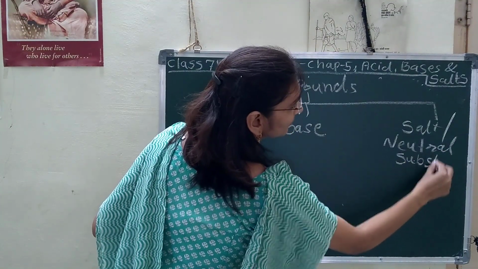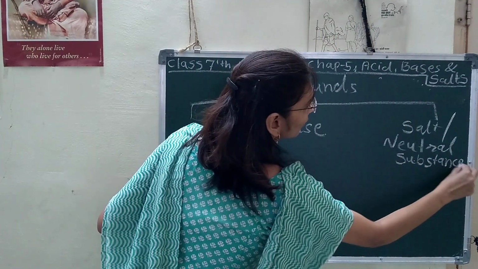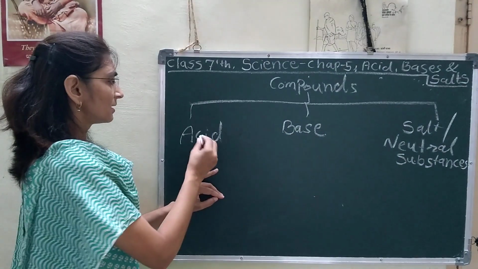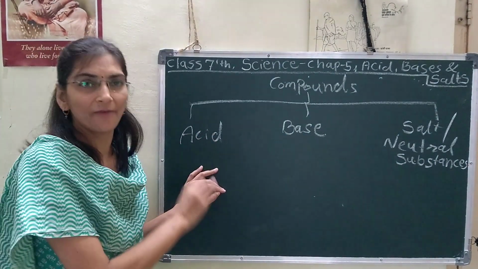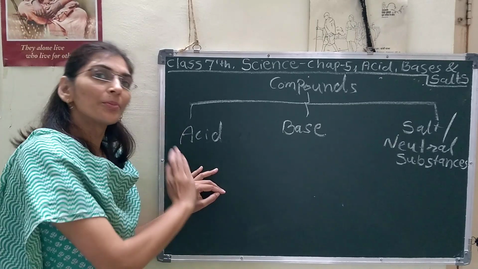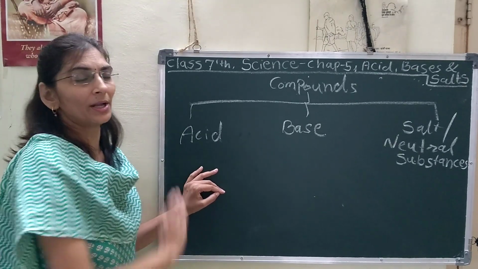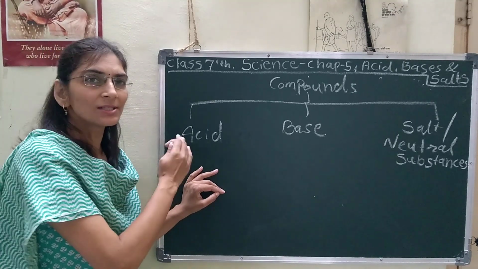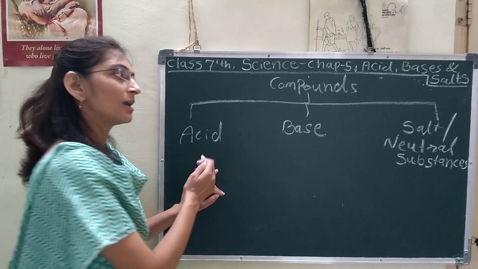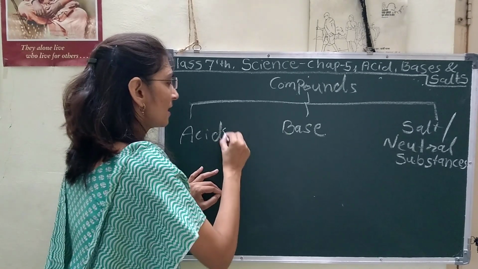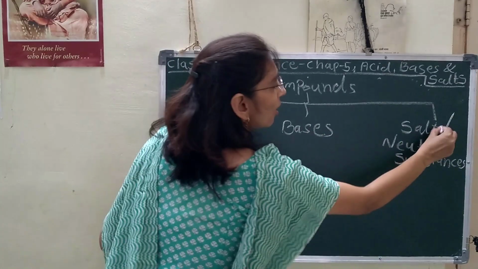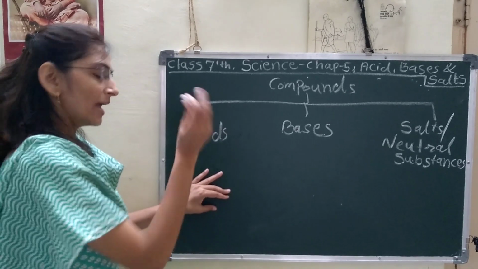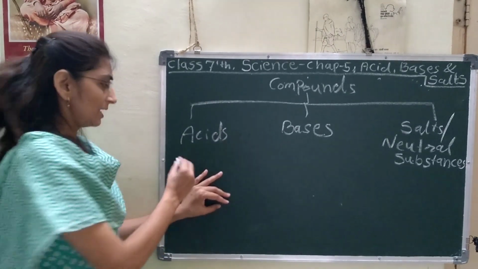All these three types of substances have their own definite, particular properties. On that basis, they are classified into acids, bases and salts or neutral substances.